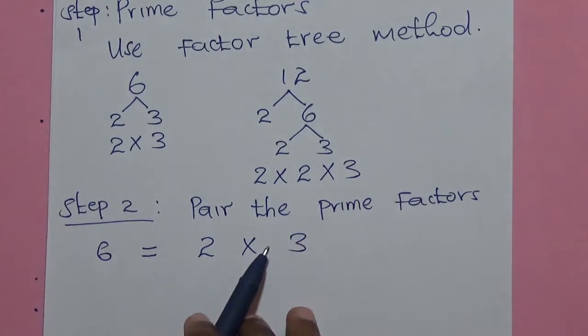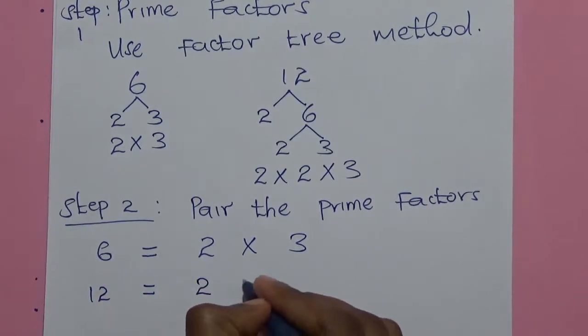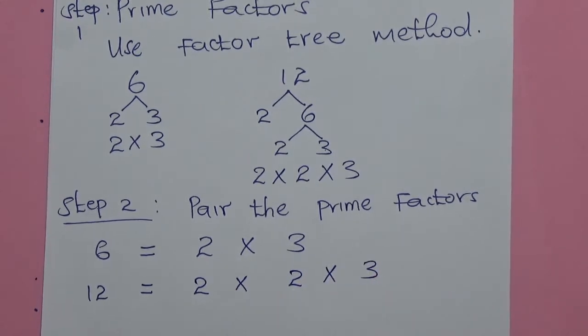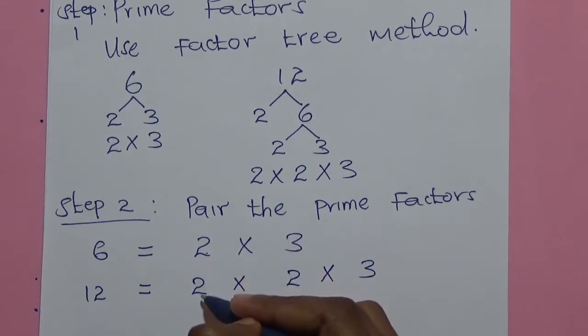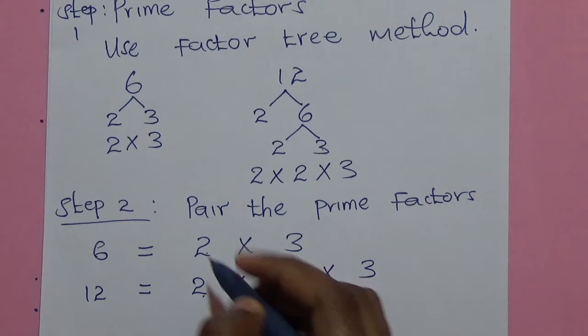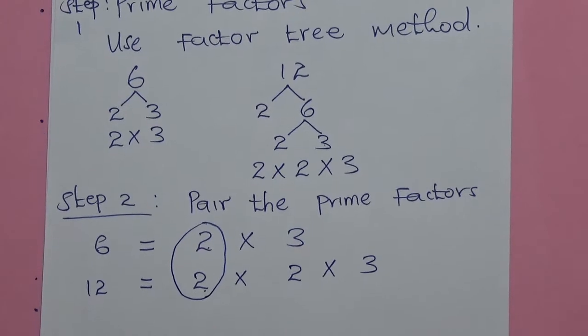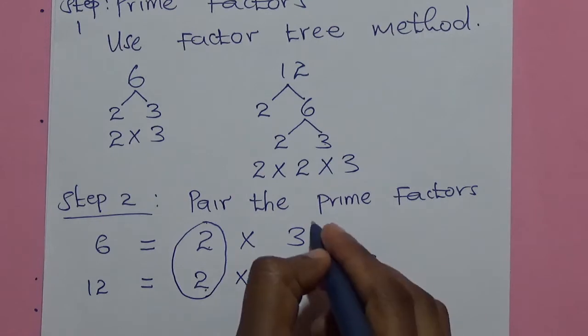The prime factors of 12, we have seen it is 2 times 2 times 3. Now, we pair the numbers which are the same. In this case, here we have a 2 and here we have a 2. So you pick one 2 from here and another one from the next number. So we can pair those two. Then we have a 3 here and we have a 3 here. So we can pair them like that.